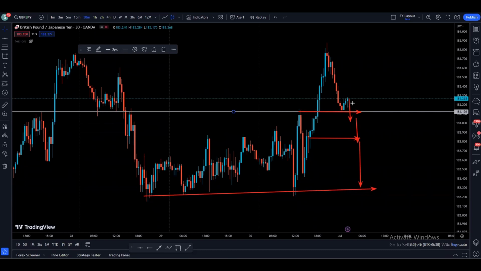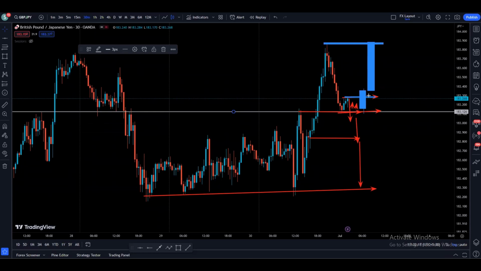And for the longs, if the price consolidates in this area, basically between this resistance and a support, and then during a high volume time, like the London session or the New York session, if we get a candle close above the resistance, then that will basically indicate that there is going to be a higher probability for the price to come up and retest the previous high created by the price.